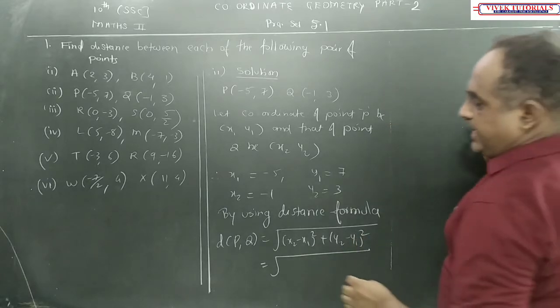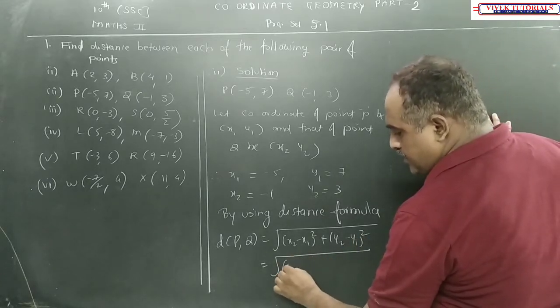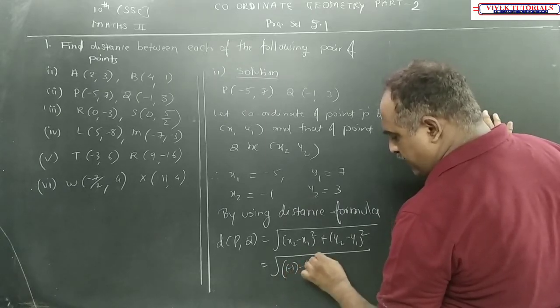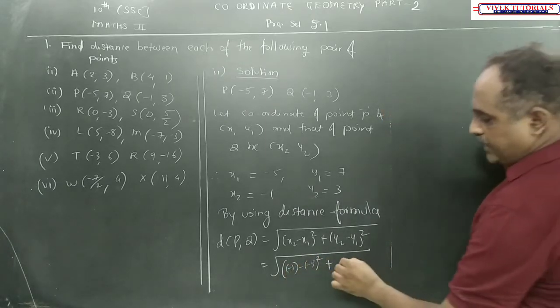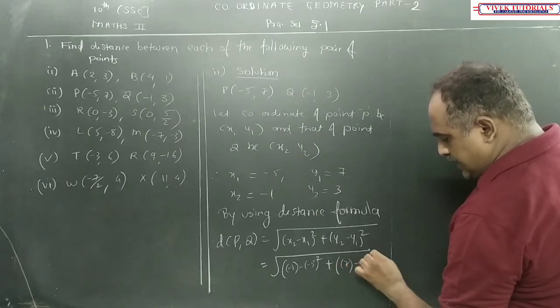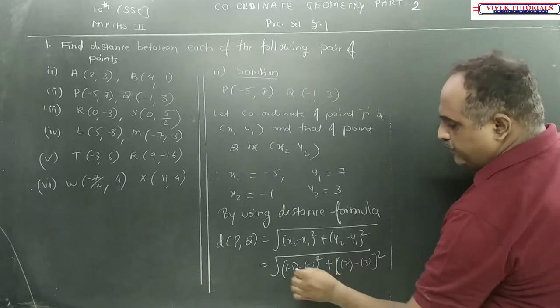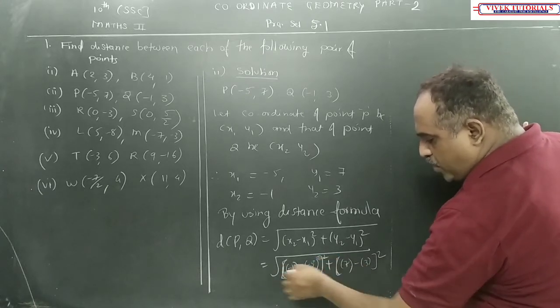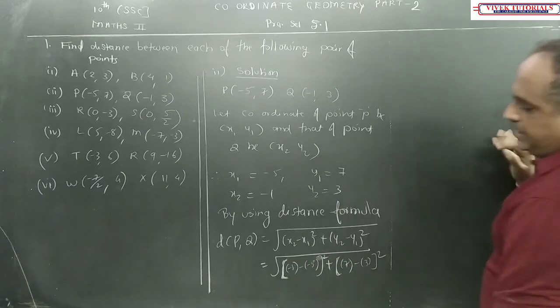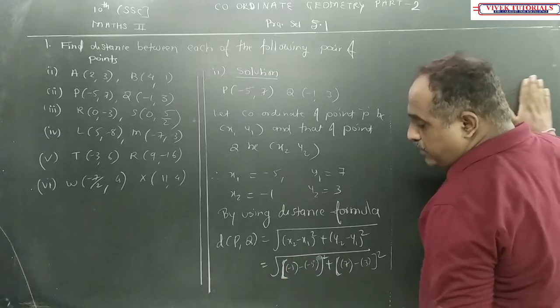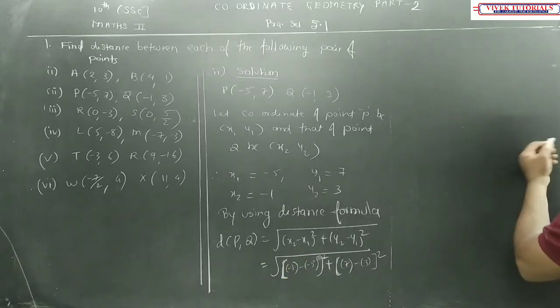Root of x2, which is minus 1, minus 5 the whole square, and y2 minus y1 is 3 minus 7 the whole square. See students, what I did? We are going to put a square bracket, and inside that small brackets you are going to put the values, in brackets only.